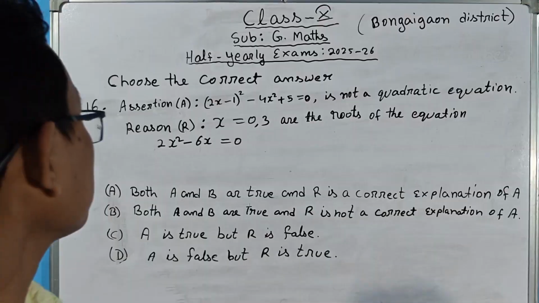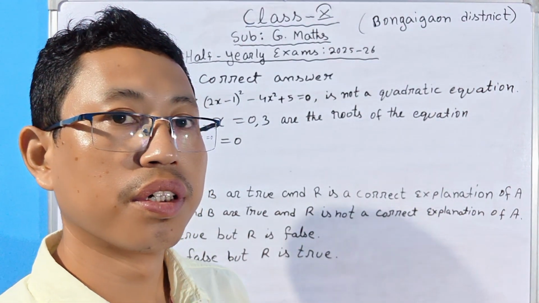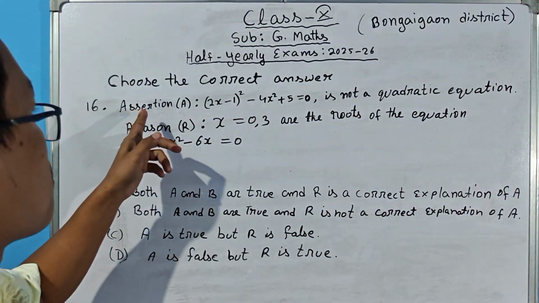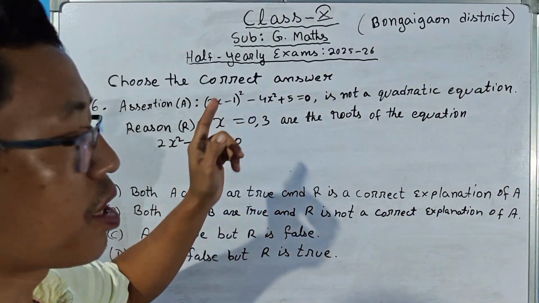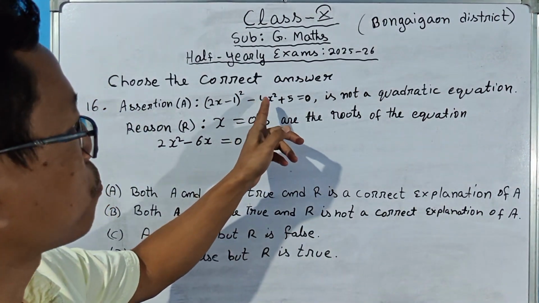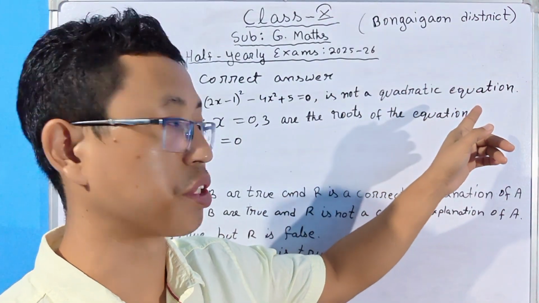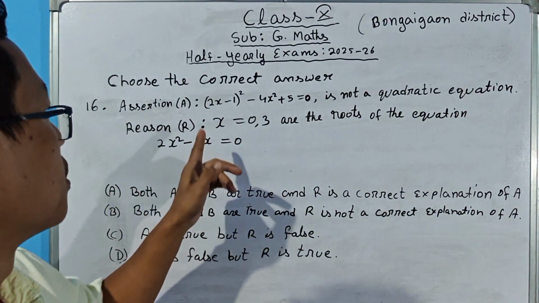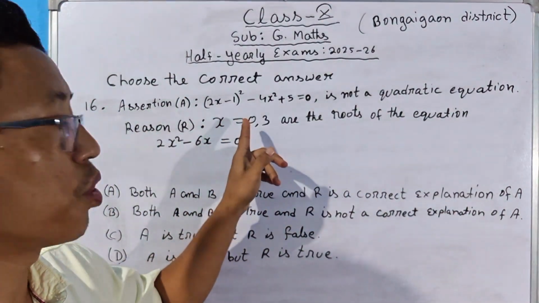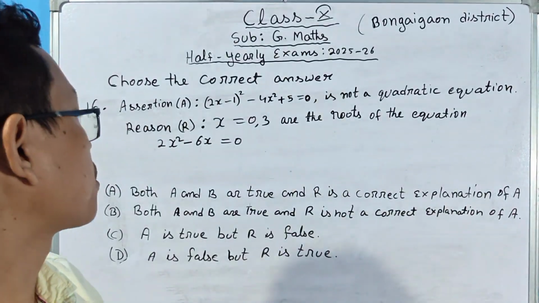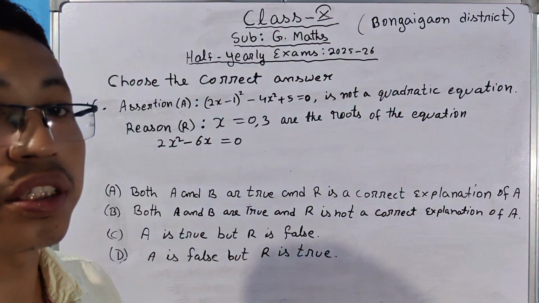Clear? Question number 16. Assertion: (2x minus 1) whole square minus 4x square plus 5 equals 0 is not a quadratic equation. Reason: x equals to 0, 3 are the roots of the equation 2x square minus 6x equal to 0.